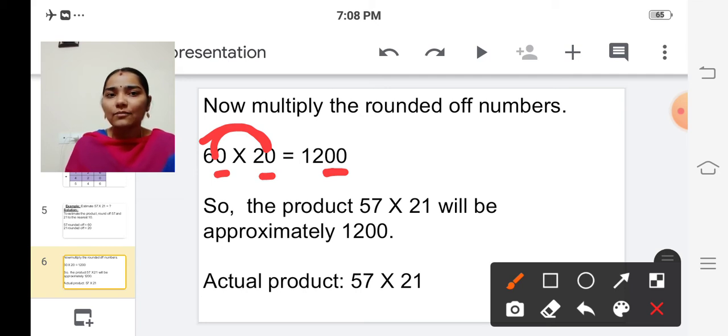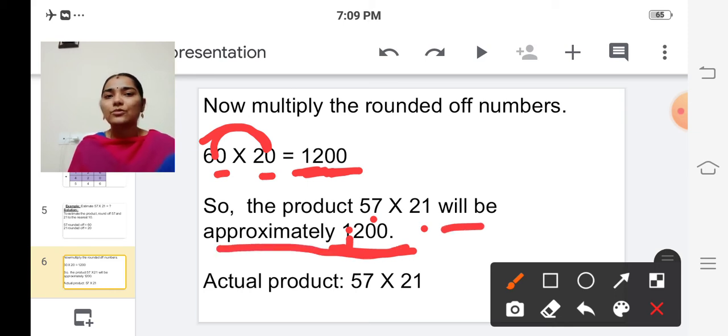So write the 12 before these 2 zeros. So the estimated product is approximately 1200. The product 57 into 21 will be approximately 1200.